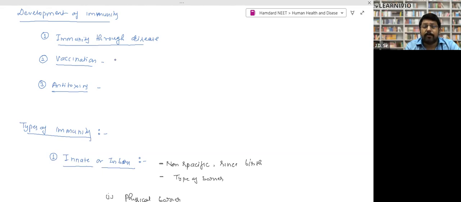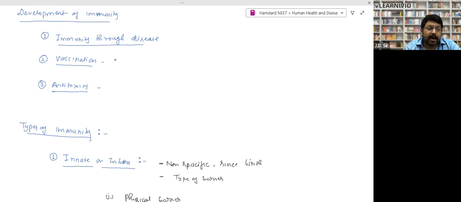When these broken parts of the virus go inside the body, the WBC think that the pathogen has come, and they start making antibodies against it, right? And when the actual virus comes, the antibodies are already there. The antibody will fight and defeat that virus, right? So that's how vaccination develops immunity inside our body.